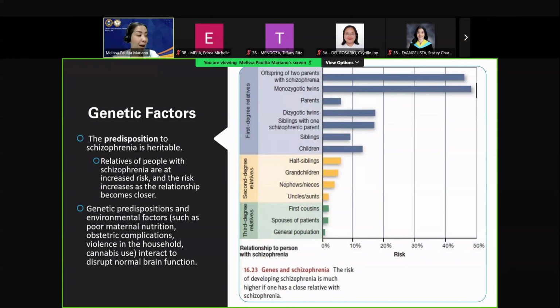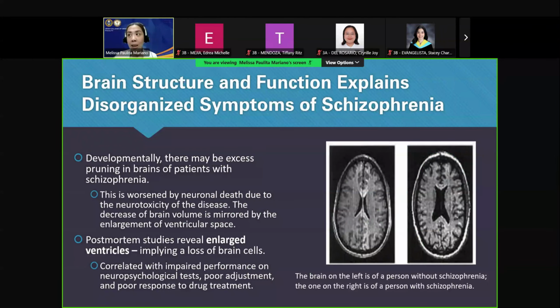But genetic factors will not suffice by themselves. There will be environmental factors that will interact with genetic predispositions to disrupt normal brain development and function eventually. A person is not born with schizophrenia. This develops later on in time, as many of our multifactorial diseases do.